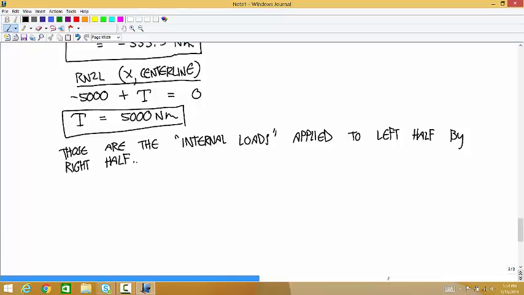There are two more things that we have to think about here. The first one is, what would happen if we had isolated the right half and calculated the loads applied to the right half by the left half?